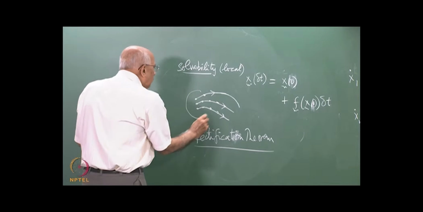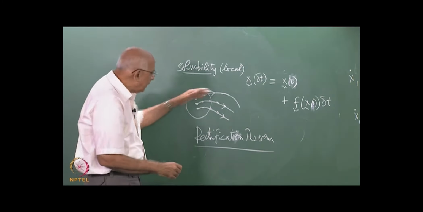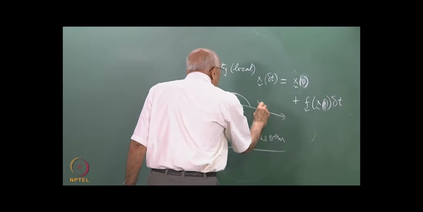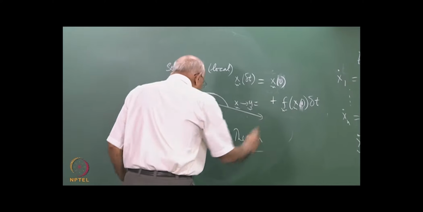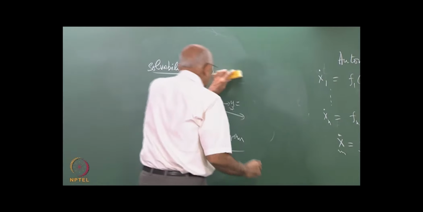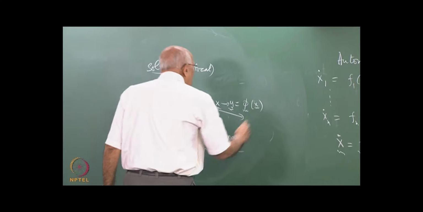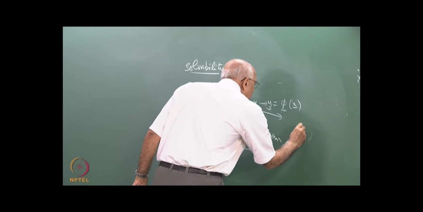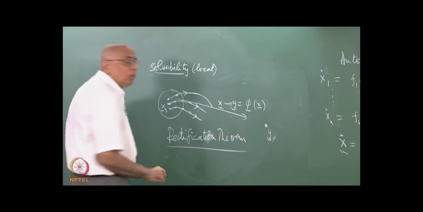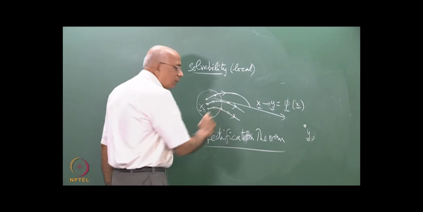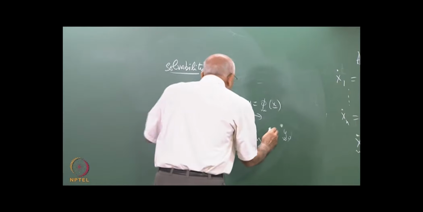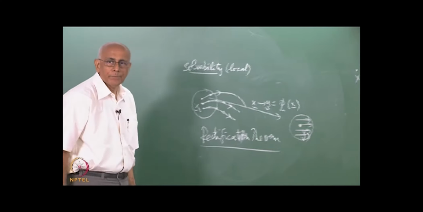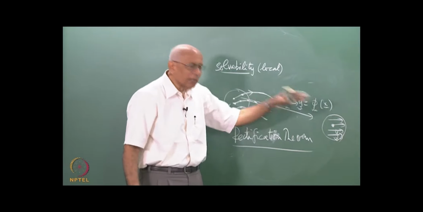It says if in the space of x's at any given point you give me this vector field whose field lines look like that, I can always make a smooth change of variables from x to some y which is some function of x, such that this point x naught gets mapped onto some point y naught here, and more important than that, these field lines which look curved at this point, this infinitesimal neighborhood gets mapped on here such that the field lines look like this.